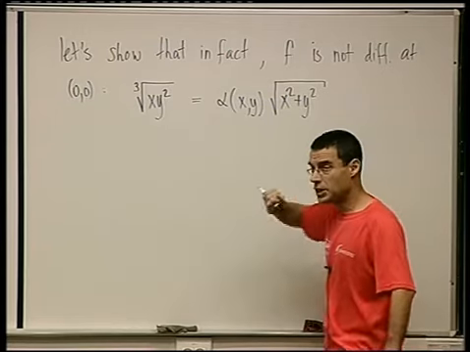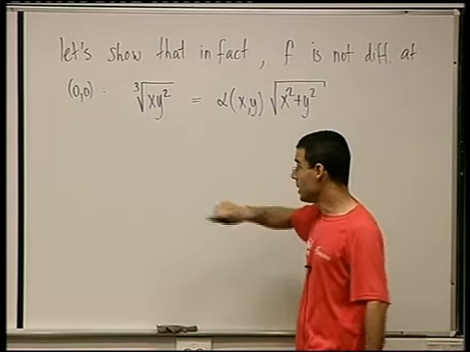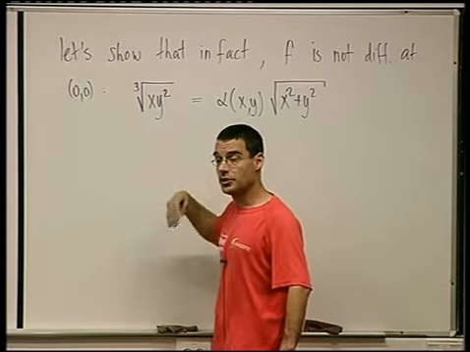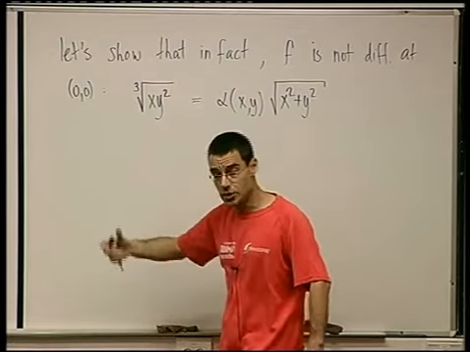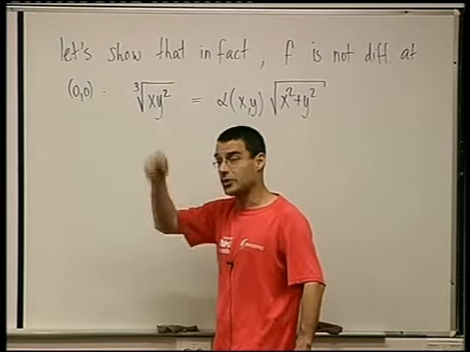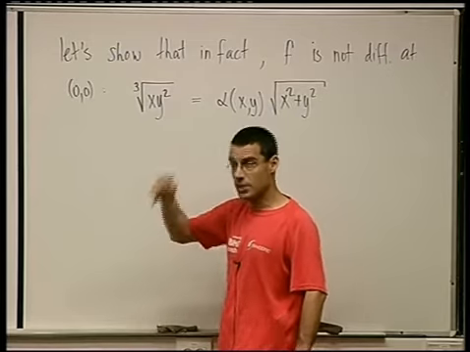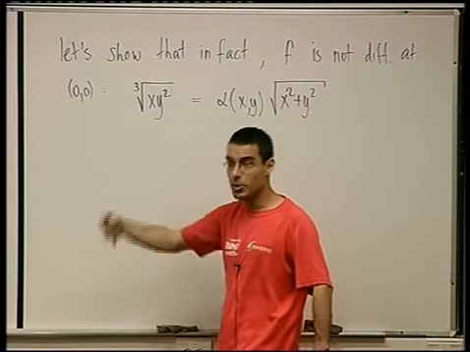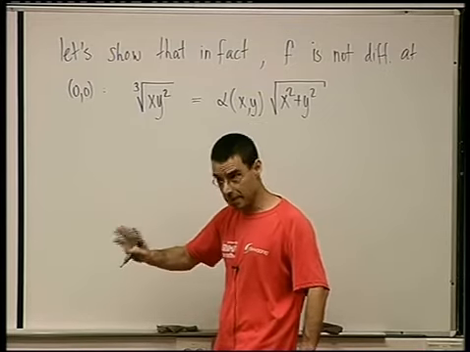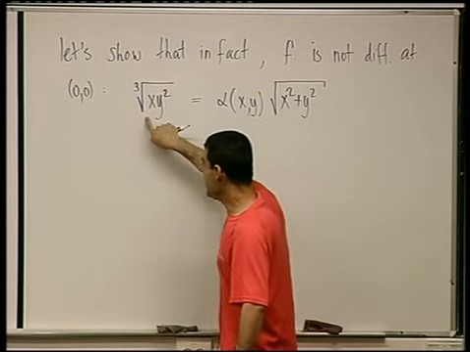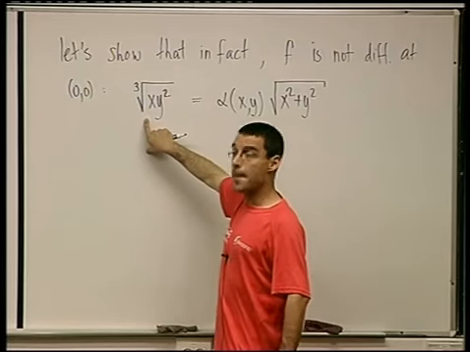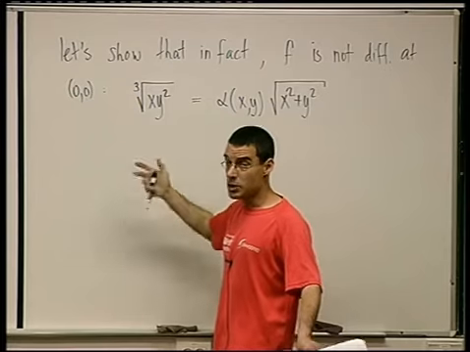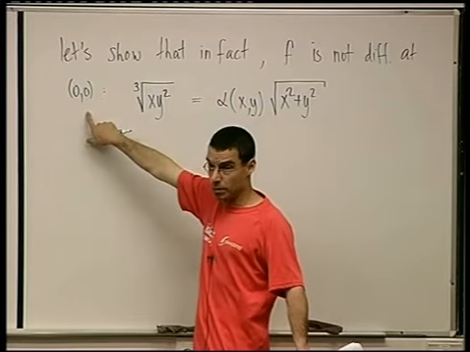Okay, the definition of being differentiable was, take the value of f at x0 plus h, y0 plus k. Alternatively, instead of writing x0 plus h, just like in Calc 1, you can just call it x and y, and then h is x minus x0, and k is y minus y0. Remember that? Okay, so this is f at x,y, minus f at 0, 0, which is 0, equals a, which is the partial at 0, 0, which is 0.